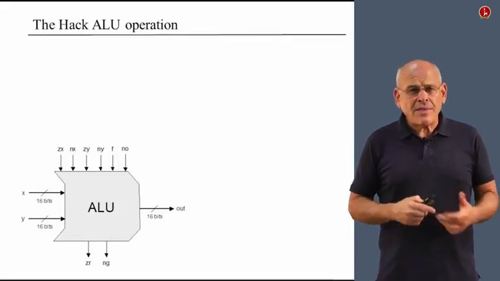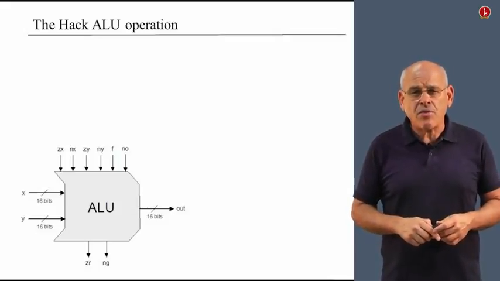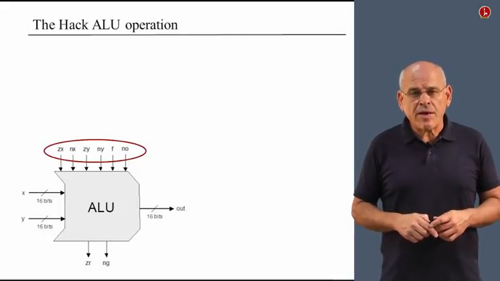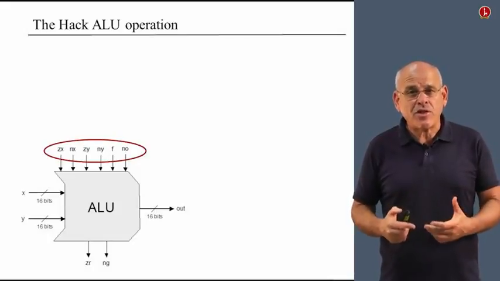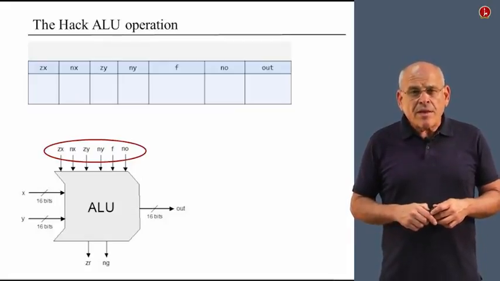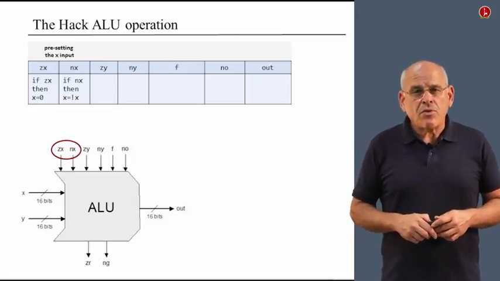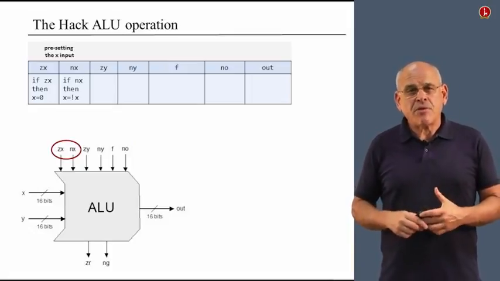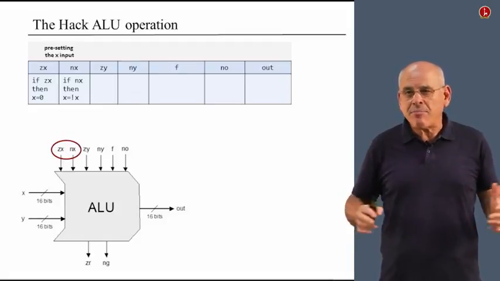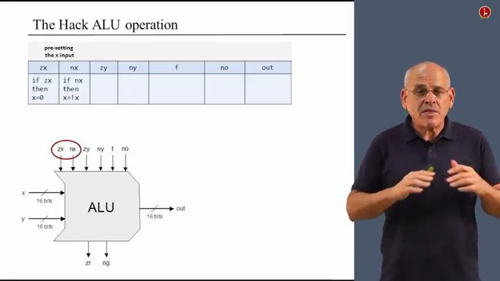So once again, this is the gate diagram, or the interface diagram, of the ALU. I want to focus on the 6 control bits and explain the names and the operations of every one of these bits. If zx equals 1, we set the x input to 0. Irrespective of what x is, it can be 17 or 19 or 5,003 or whatever, we set it to 0.